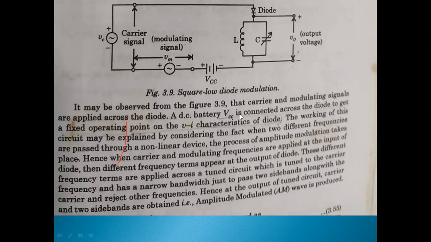So students, please see that circuit diagram. A diode is used for its non-linear characteristics, and that is low level amplitude modulation.